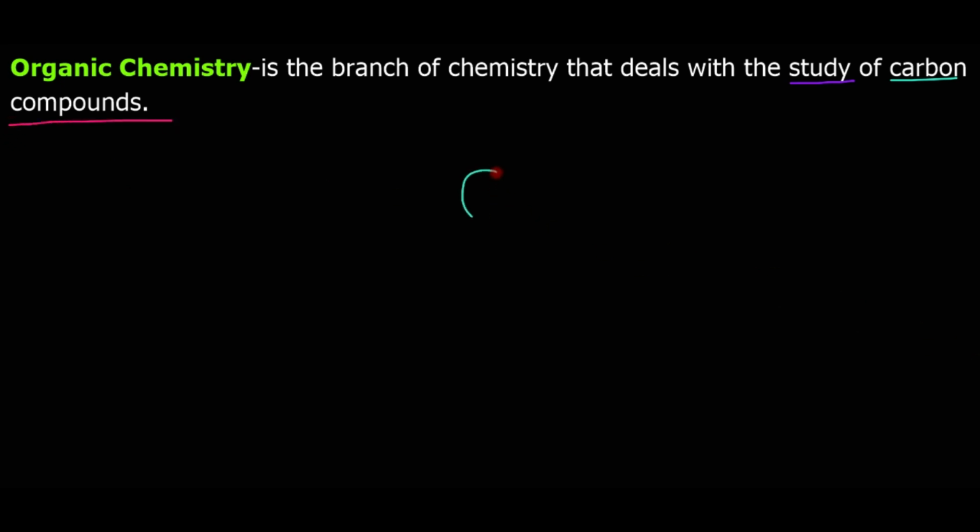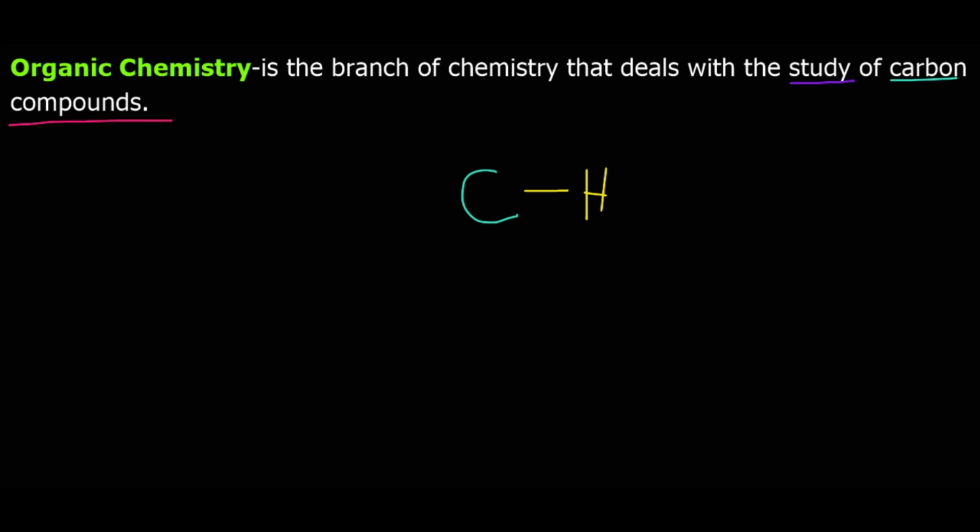This is a carbon. So remember, compounds are two or more different atoms bonded together. So we are studying the carbon compounds. You are going to expect to see a carbon being bonded to other atoms such as hydrogen, fluorine, oxygen, and other atoms.